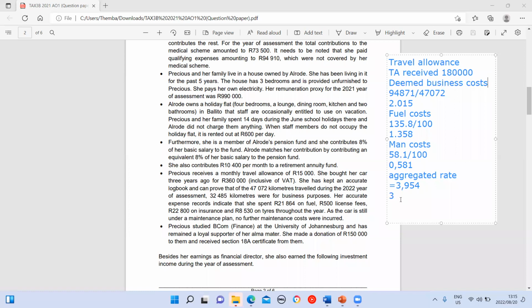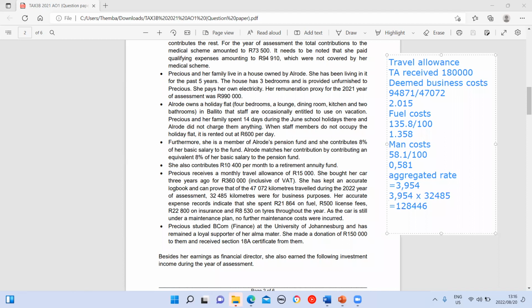So you have your 3.954 times your business kilometers, which are 32,485, and that will give you 128,446.